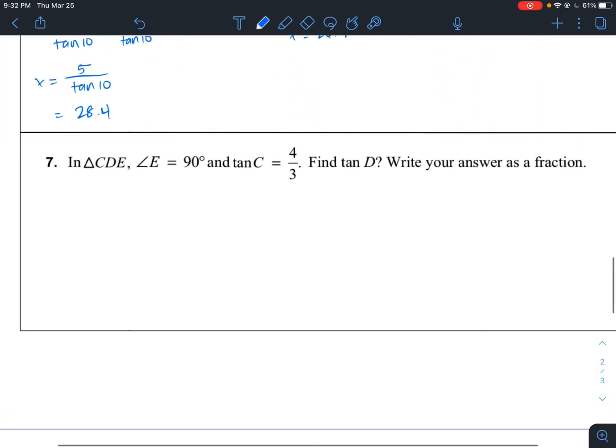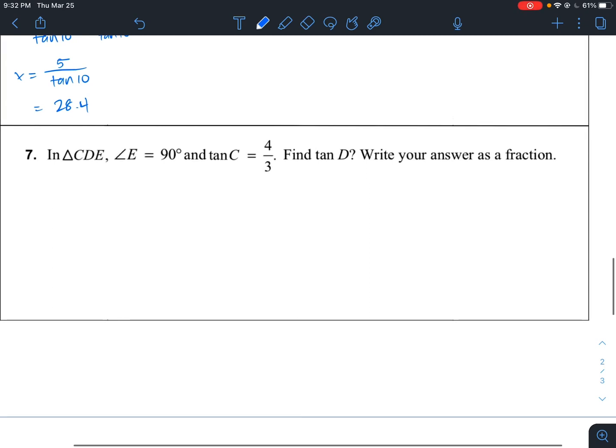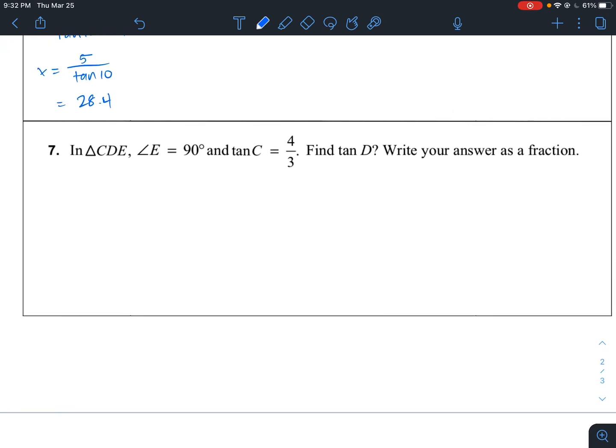And for this last problem here, it says that in this triangle CDE, the measure of angle E is 90 degrees, and tangent of C is 4 divided by 3, and it wants us to find the tangent of D. So you see that we're not given a triangle, but we can draw a triangle.